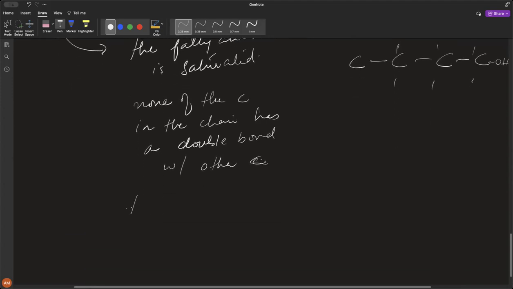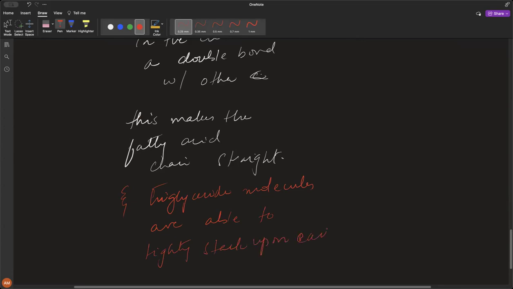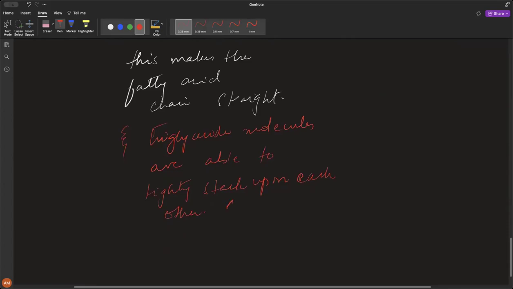This makes the fatty acid chain straight, and glyceride molecules are able to tightly stack upon each other, okay, and form a fixed shape.